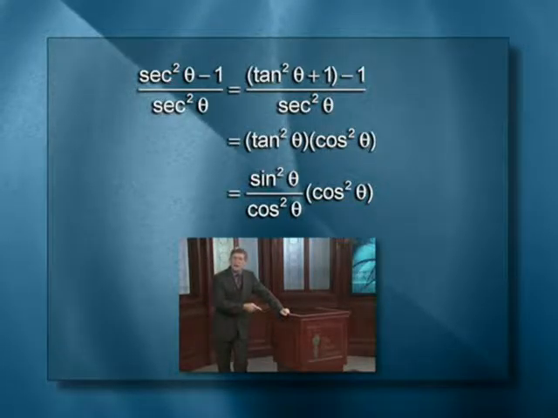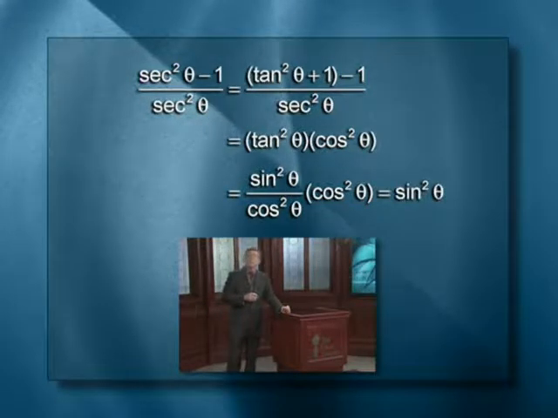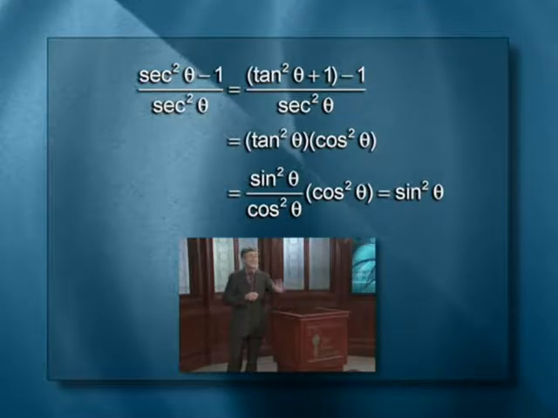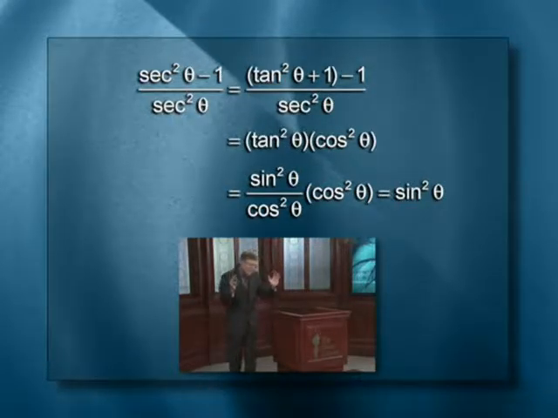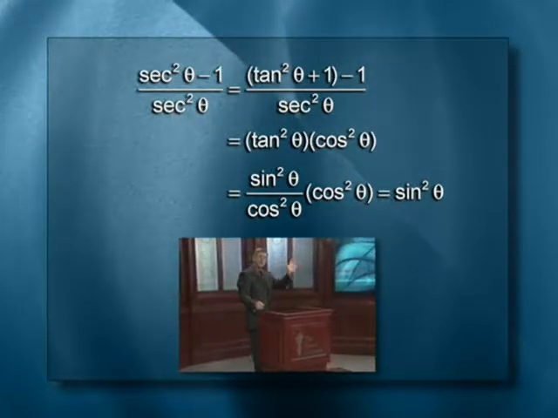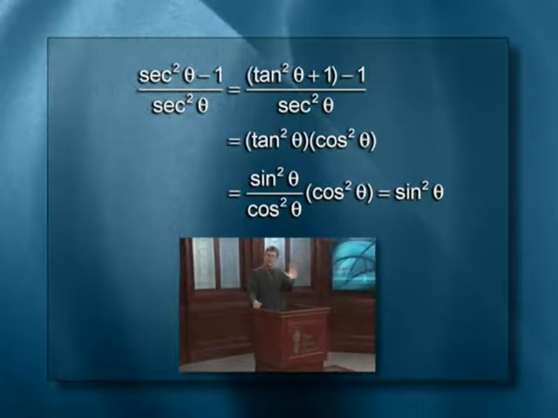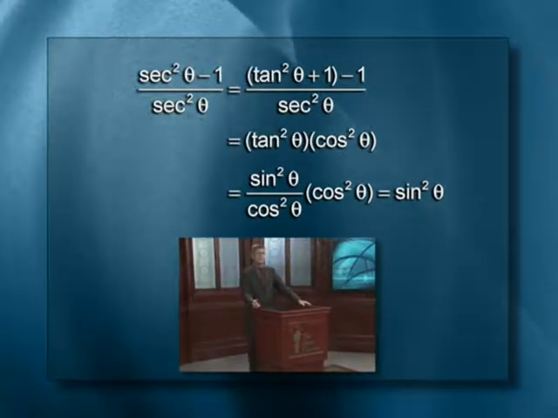The cosine squareds cancel, and we end up with sine squared. Whew. A lot of trig identities there, a lot of work. But we started with the left-hand side, did some math, and got the right-hand side. Okay, so I do recommend that. In a minute, I'll show you why I really recommend that.